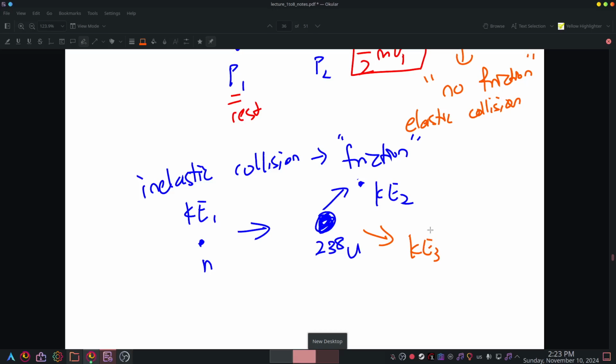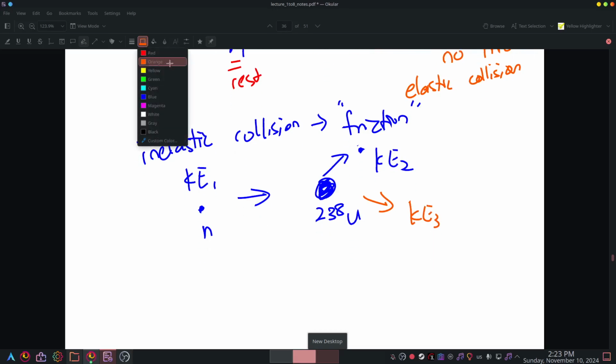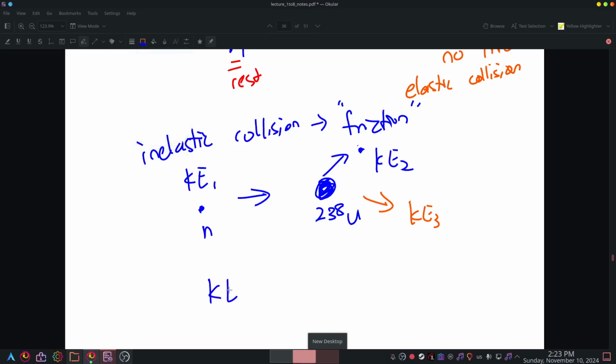After collision, this uranium-238, which is modeled like a ball, has some kinetic energy, KE3. So in an inelastic collision, the kinetic energy KE1 is more than KE2, the kinetic energy of the neutron that just bounced off, plus KE3, the kinetic energy of the uranium.